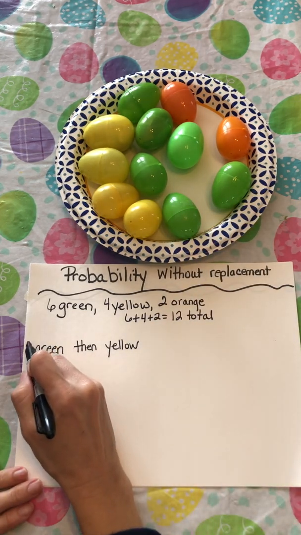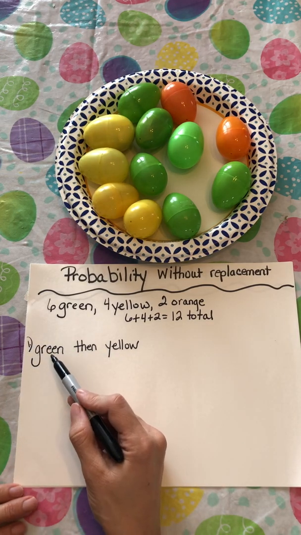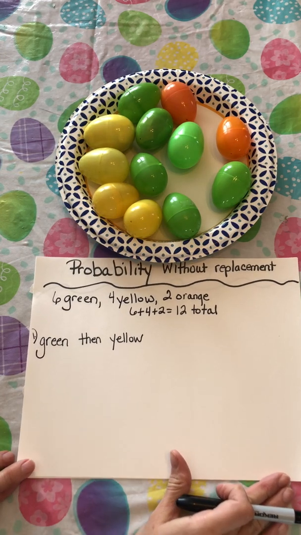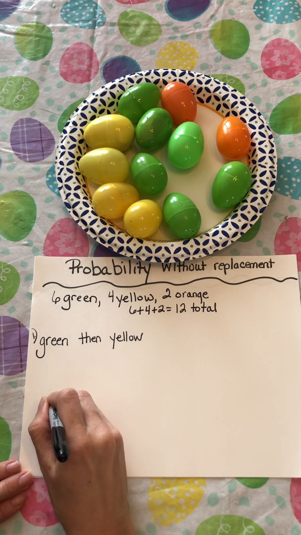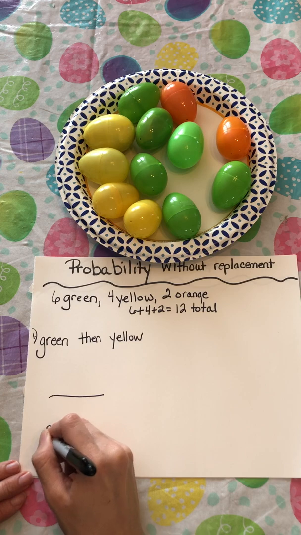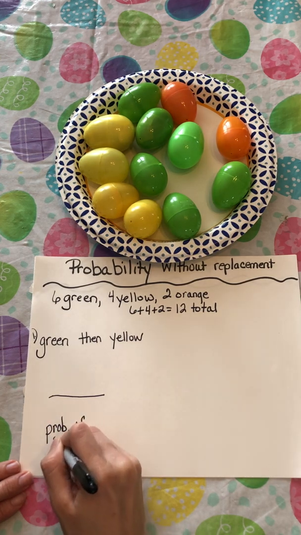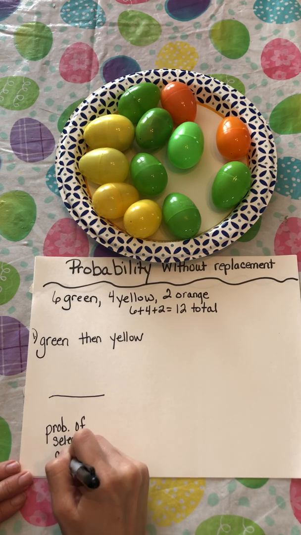In our first example, we want to know what's the probability of selecting a green and then a yellow. To set up our problem, we will show a probability of selecting green first.